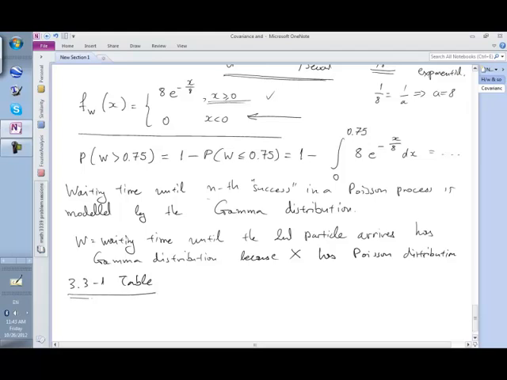Now let's see how we use this table, which says that f of W is going to be equal to 1 over gamma of alpha times beta to the alpha, times x to the alpha minus 1, e to the negative x over beta. So now let's see how we find the values for alpha and for beta for this particular problem.